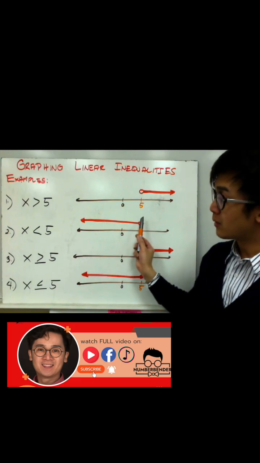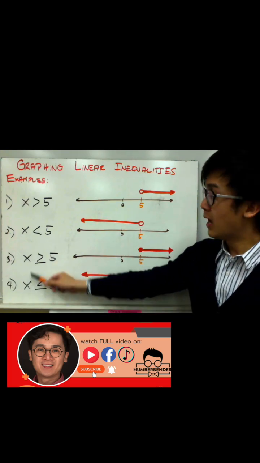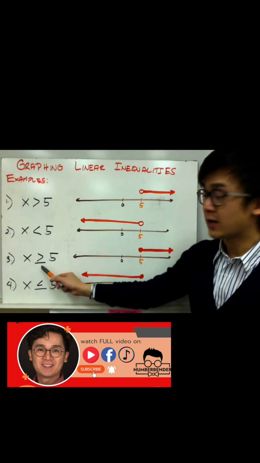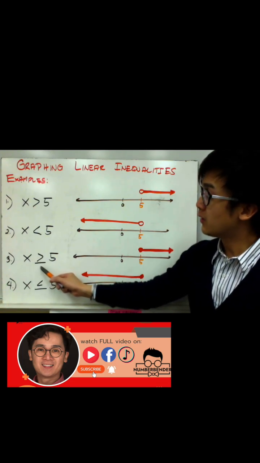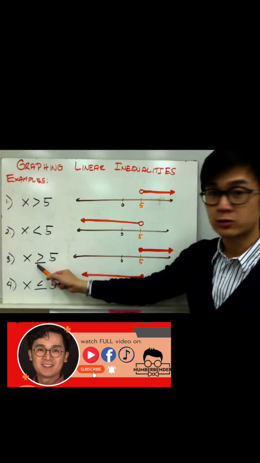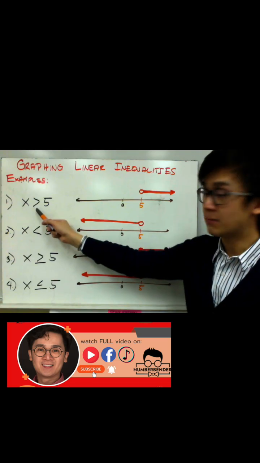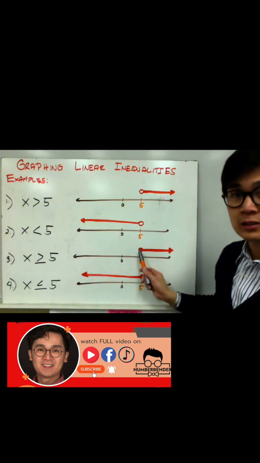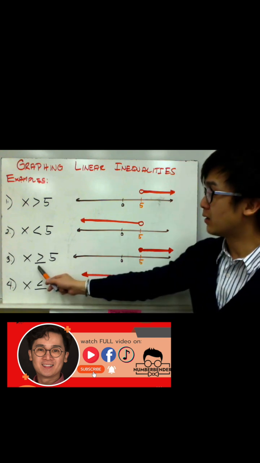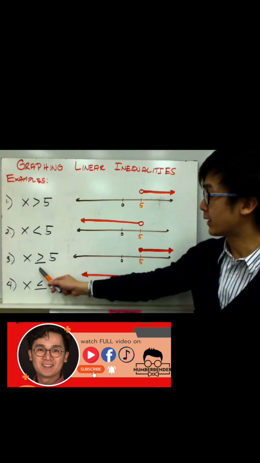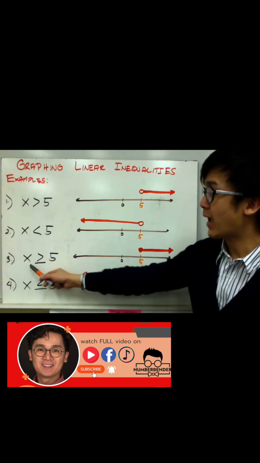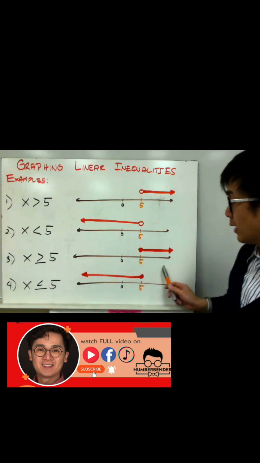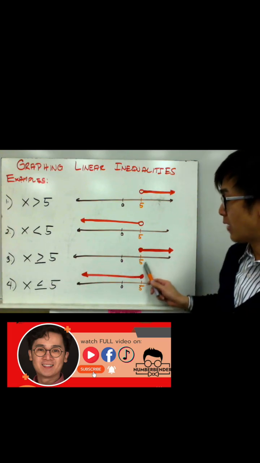Now for my example number 3 and number 4, I have x greater than or equal to 5. What is the difference between the greater than or equal to symbol and the greater than symbol? The difference is pretty simple. You have a shaded circle if you have greater than or equal to as an inequality. So to graph x greater than or equal to 5, you need your number line, 0 in the middle, and 5 is right here.